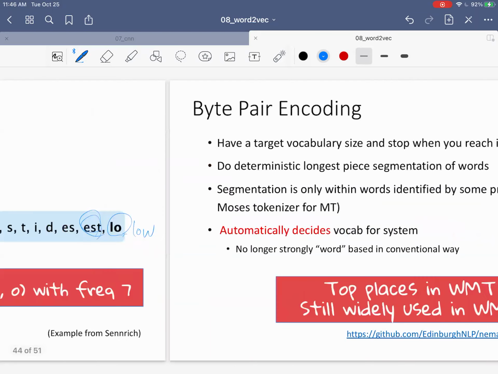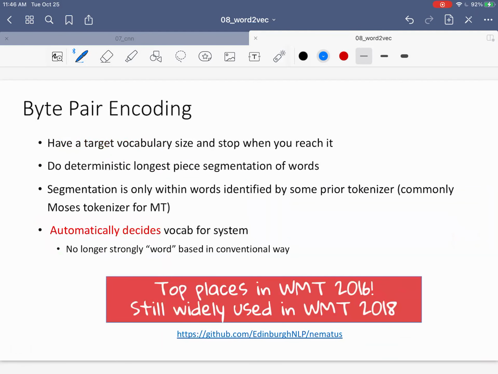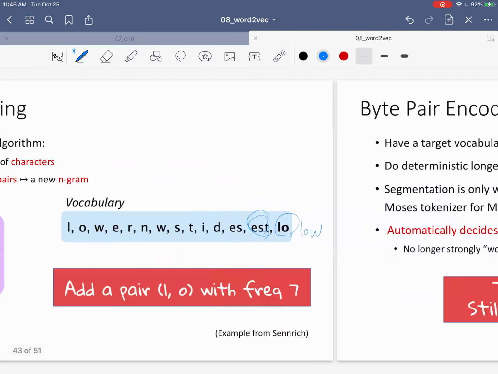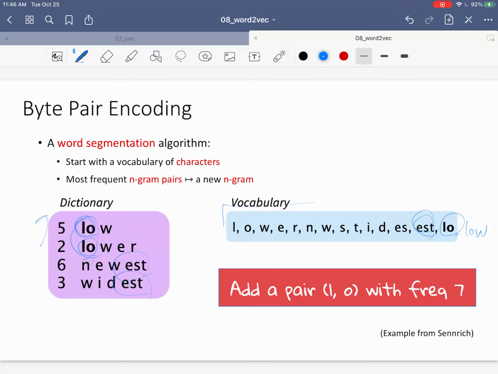So you keep running this, and how many times do you run your for loops? It depends on your preference. You need to prefix the size of your dictionary. So I'm going to run byte pair encoding with a dictionary size target of 30,000 or 50,000 or 100,000 or 10,000.